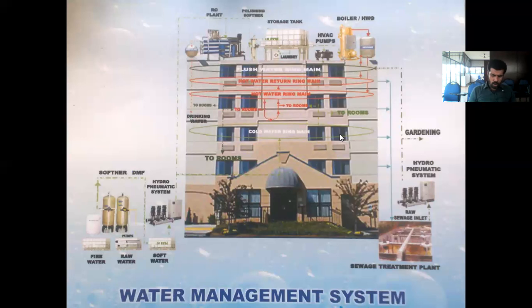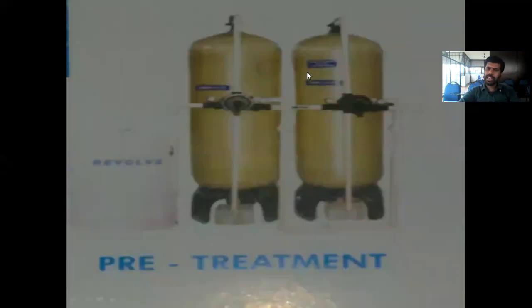Now I will show you different types of purification systems. You can see this is the main type we usually see, pre-treatment. This might be a sand filter, an iron filter, or a carbon filter, etc. From the underground tank, the water will be pumped and circulated through this.